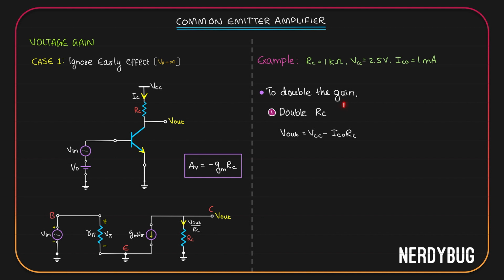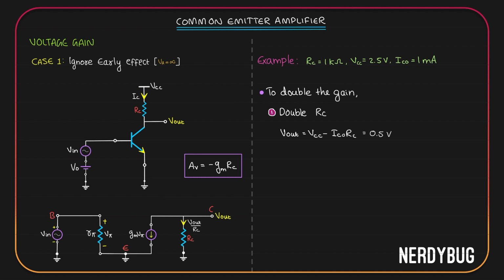But I want to double RC. Instead of 1 kilo ohm, I will take 2 kilo ohm. Then what happens? It will be 2.5 minus 1 milliampere multiplied by 2 kilo ohm. That will be 2.5 minus 2 or 0.5 volt. Now, what is the problem with that?